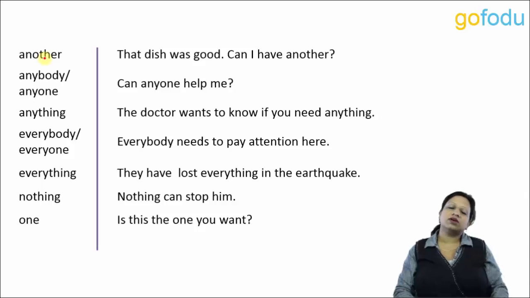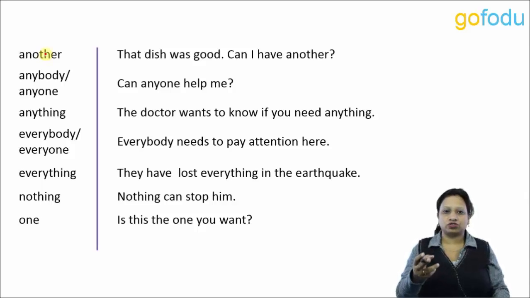Another actually means if we have a few things, then not this one, another one. That dish was good. Can I have another? Anybody or anyone is used to specify one thing. Anyone. It's not for plural, it's for singular. Can anyone help me?